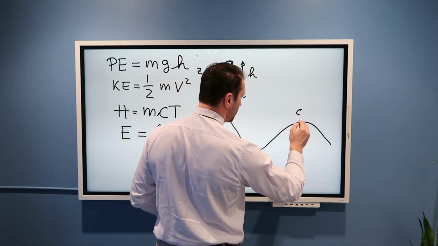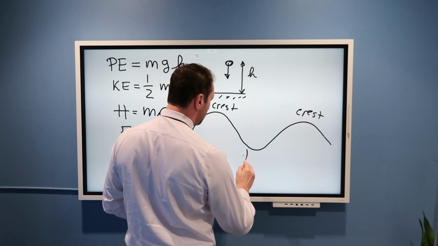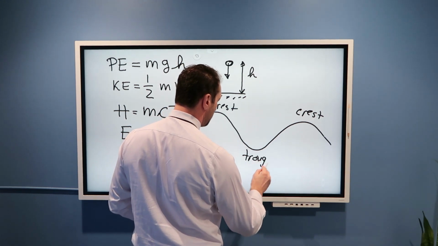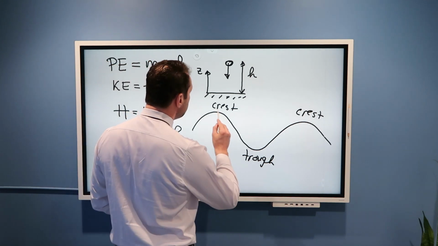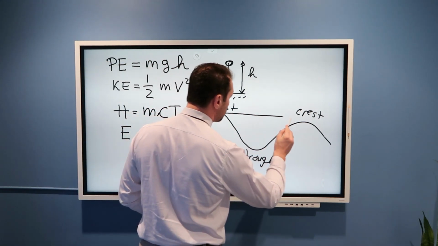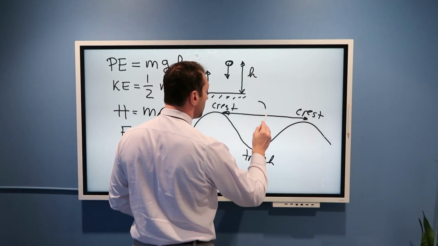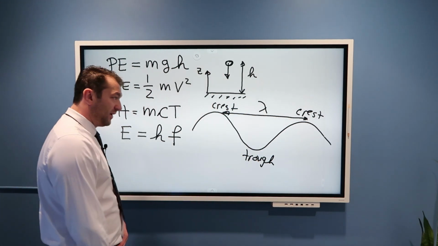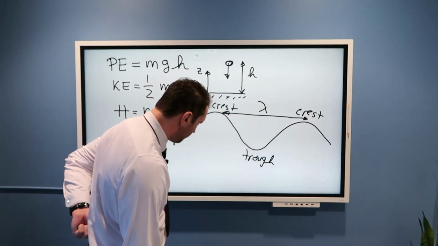This would also be a crest. This would be a trough. And over there would be another trough. The distance between two crests, for example, is called wavelength, and we often use the Greek lambda to indicate that.